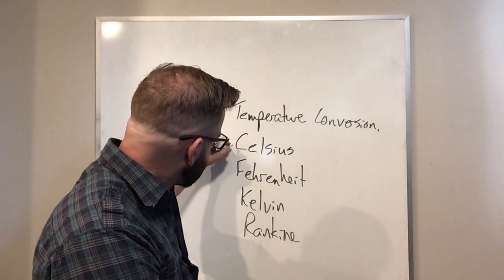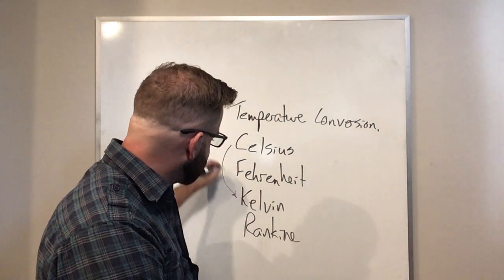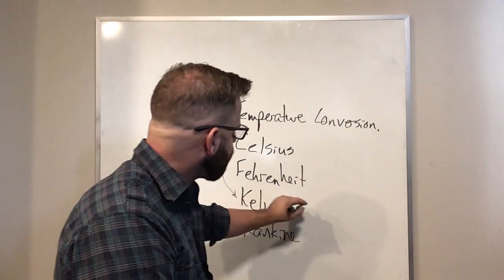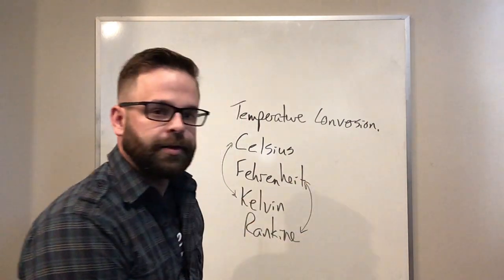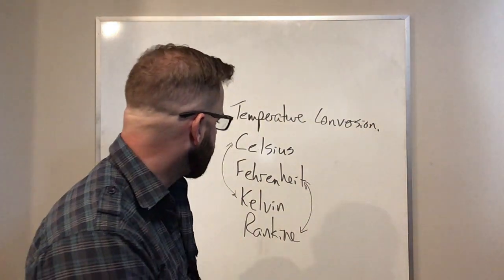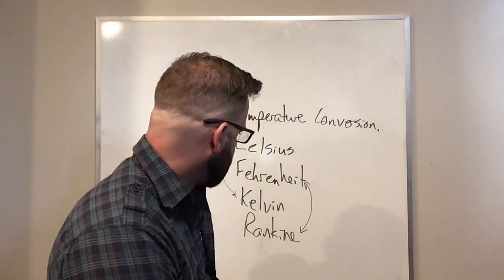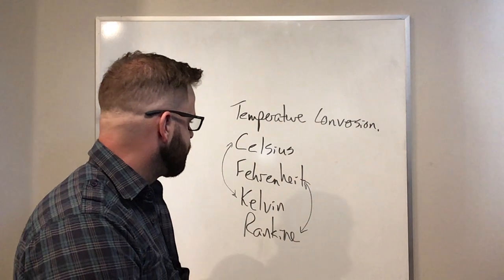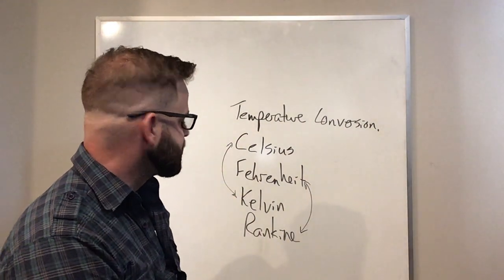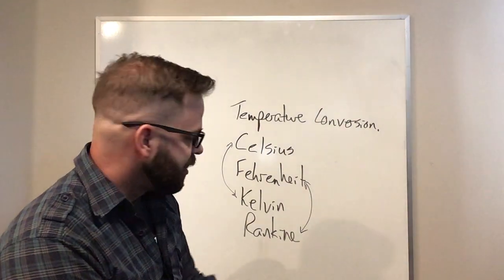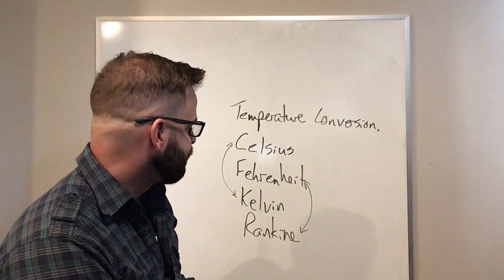Celsius and Kelvin are on the same scales, and Fahrenheit and Rankine are on the same scales when you end up looking at them. Typically now we would obviously use degrees Celsius as the value that we would measure everything in Canada.